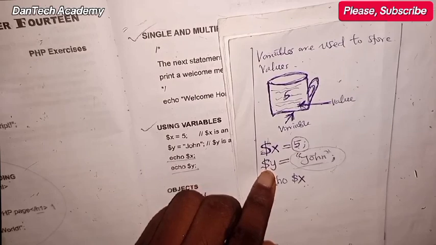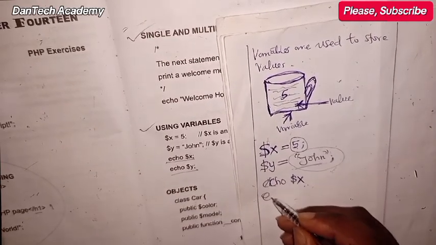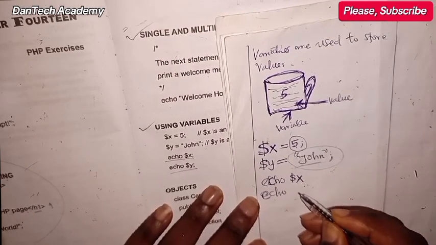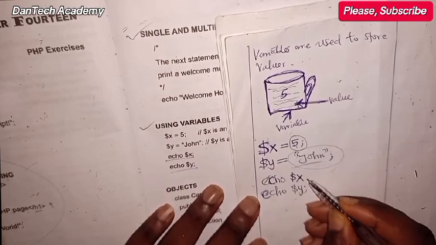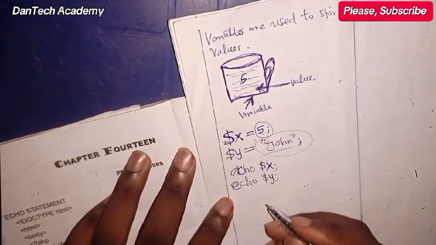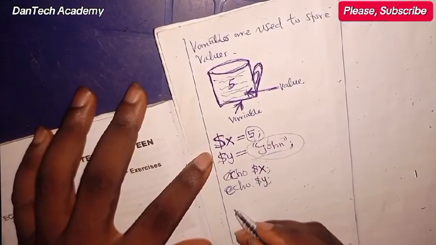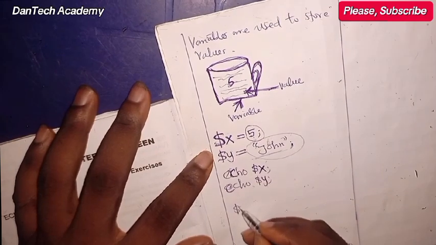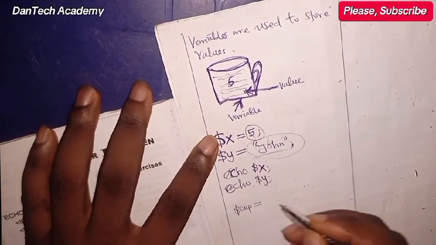Anytime I take this cup now, let me use the cup as an example. So let me just finish up this one and say echo. So the next example now, I'm going to use the cup. I'm going to say dollar sign cup and assign a value to it.